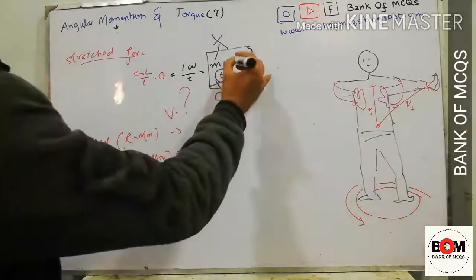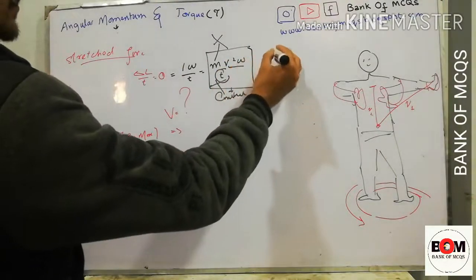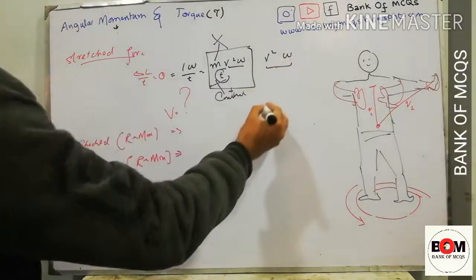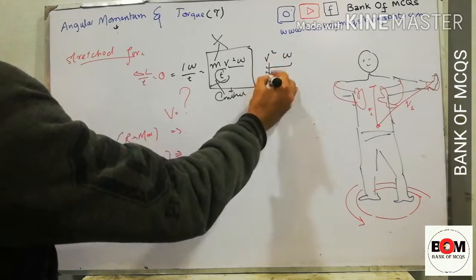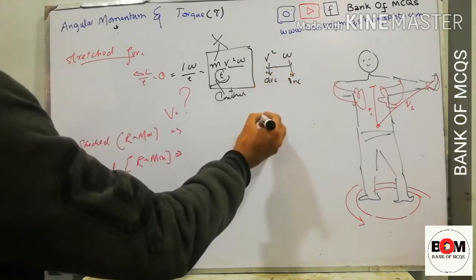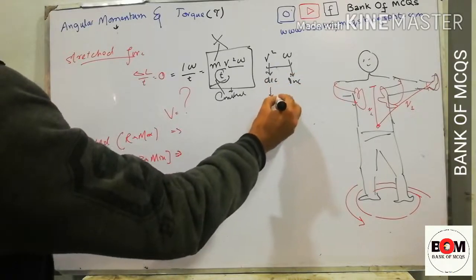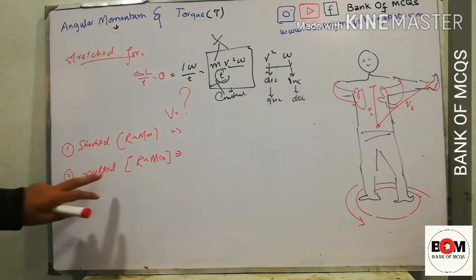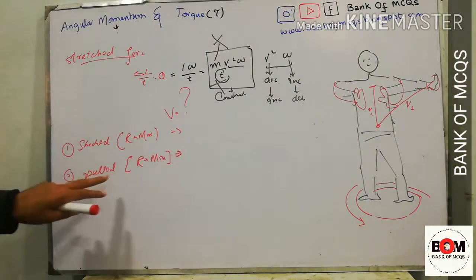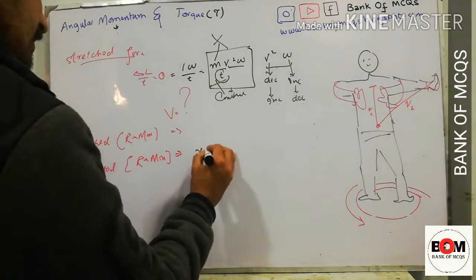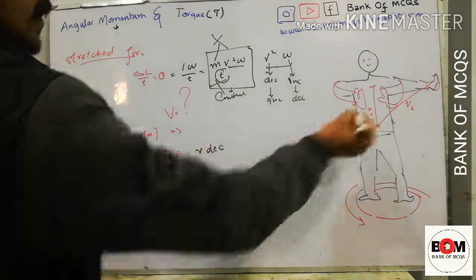So here are two terms, radius and angular velocity. As the product remains constant, if we decrease r, omega will increase, and if we increase r, omega will decrease. So whenever the acrobat pulls his hands in, he decreases his radius.